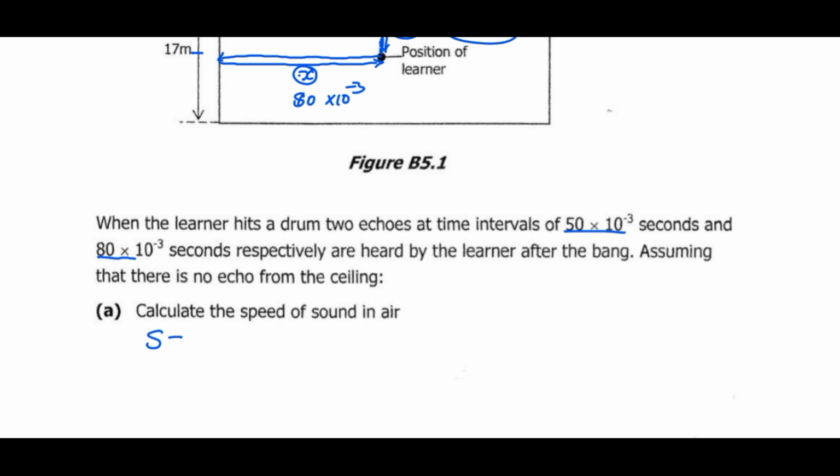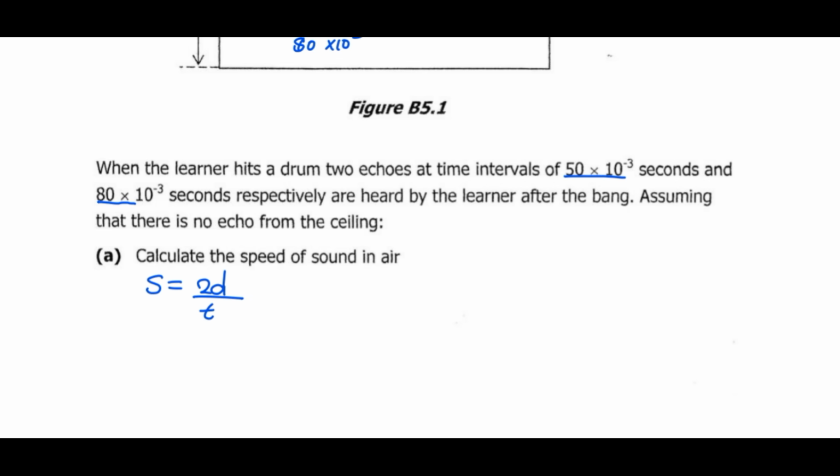So speed is equal to, now for echo it's 2d over t. Why do we need 2? We need two distances. One represents the going, then the other one the coming back. That's why for echo speed is equal to 2 times d over time.